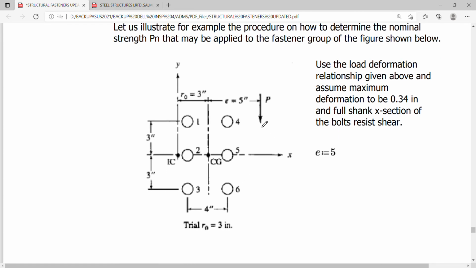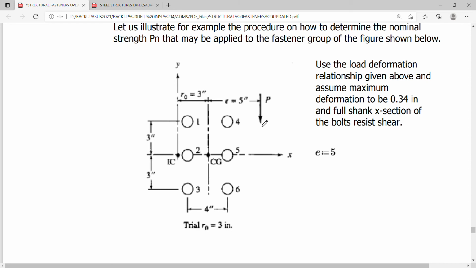So delta is now equivalent to 0. So use the load deformation relationship given above and assume the maximum deformation to be 0.34 inch and full shank cross section of the bolts resist the shear. So there's no reduction on the threads because this has a full shank.